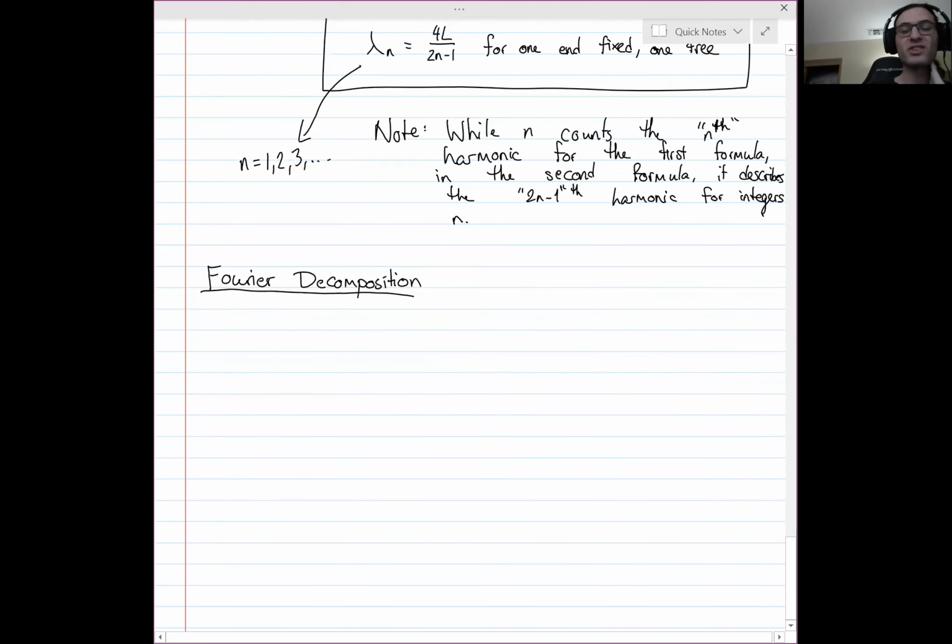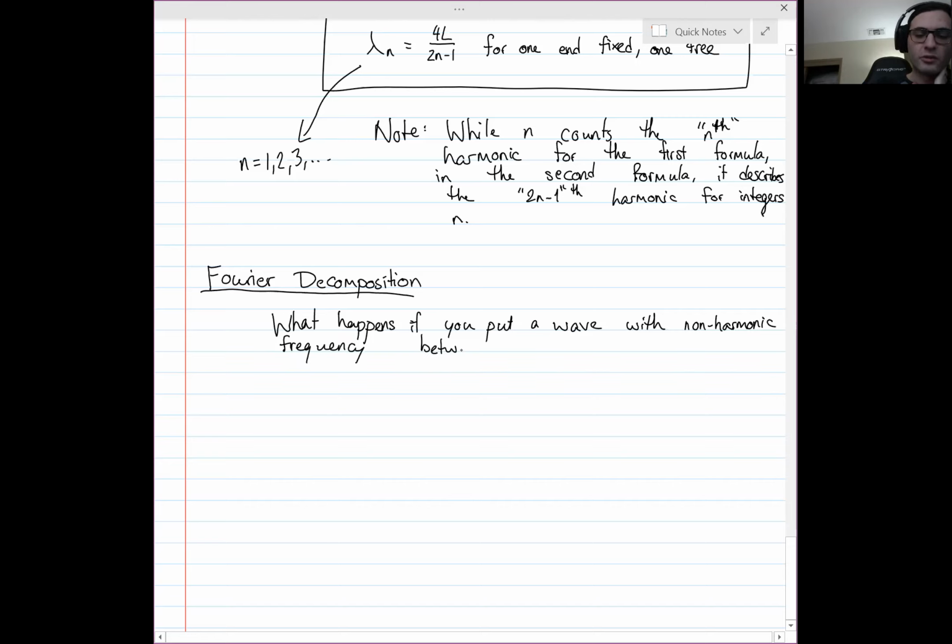So we need to use Fourier decomposition to answer the question: what happens if you put a wave with a non-harmonic frequency between two fixed ends?